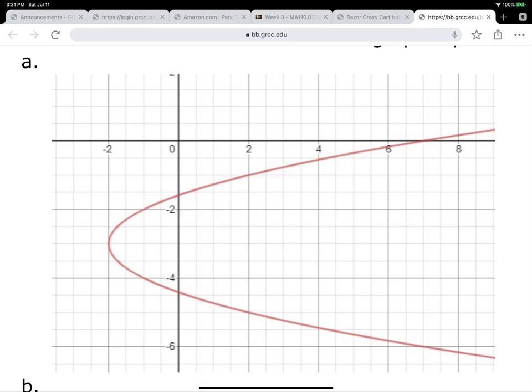So number 3, we're supposed to use the vertical line test to determine if the graph represents a function. A vertical line test by definition means this.